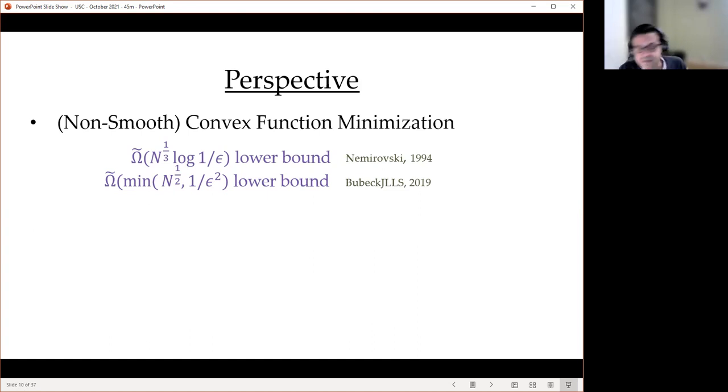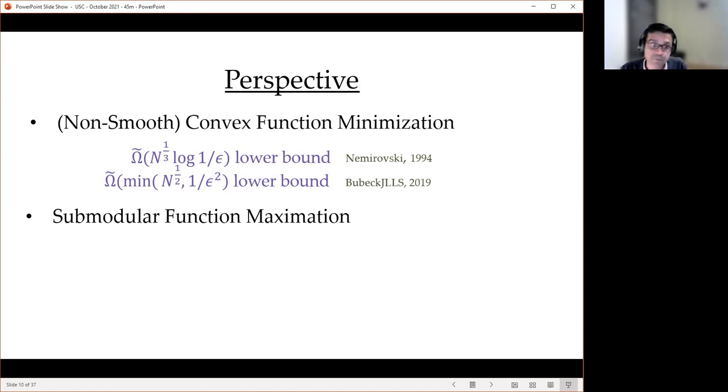There is a second collection of results on submodular function maximization. Submodular function is tractable in the minimization world. In the maximization world, there are greedy algorithms which actually get them. In fact, there are people in the audience who have worked on these things. Balkanski and Singer, in a different paper, asked what is the trade-off between queries and the depth of the algorithm?